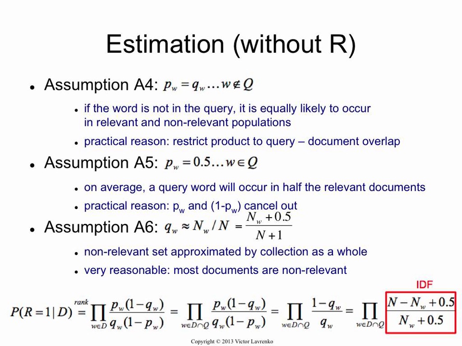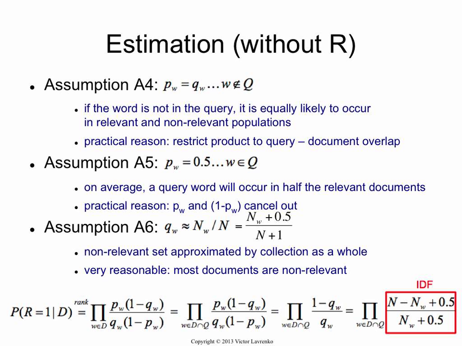So what I'm left with is the summation over the words in the intersection of the document and the query of log of (N minus NW) divided by NW, forgetting about the constants for a second. And that is something that you have seen before.